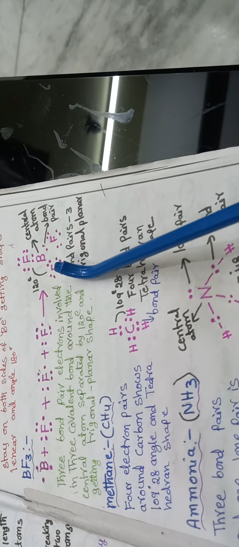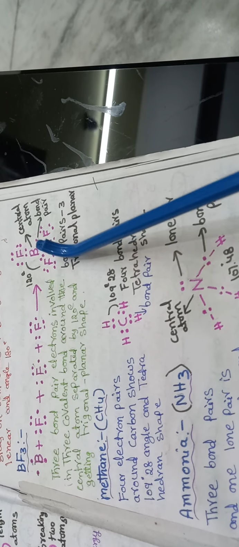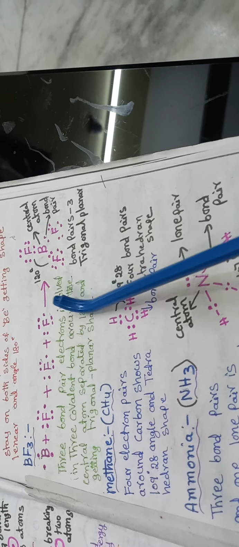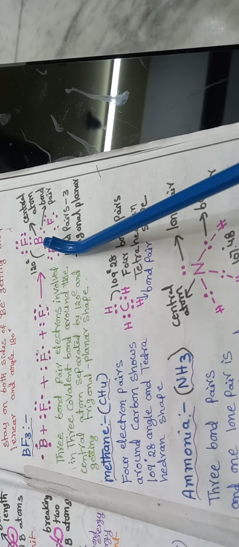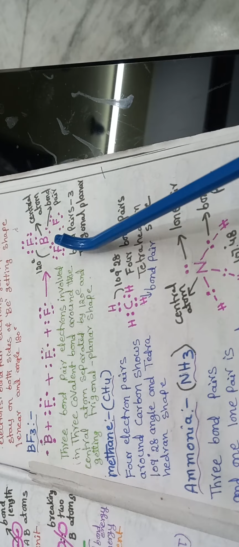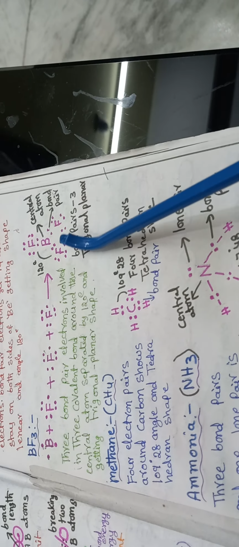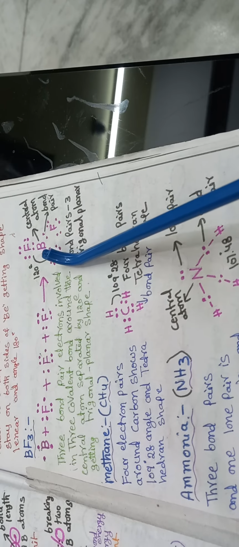Here we can see the central atom boron surrounded by fluorine atoms. So here covalent bonds are formed between the boron and fluorines. So what pairs of electrons are there here? Only bond pair electrons are there.